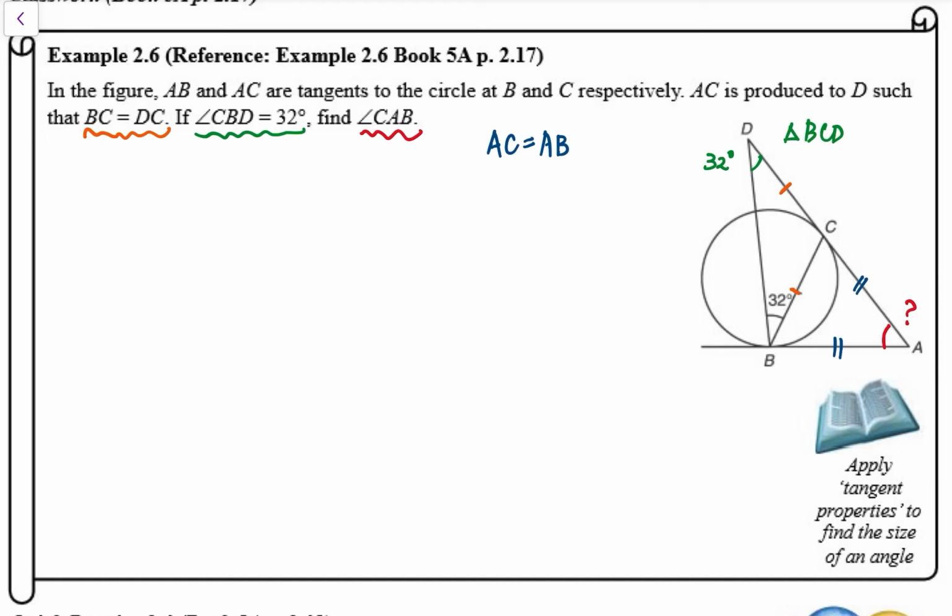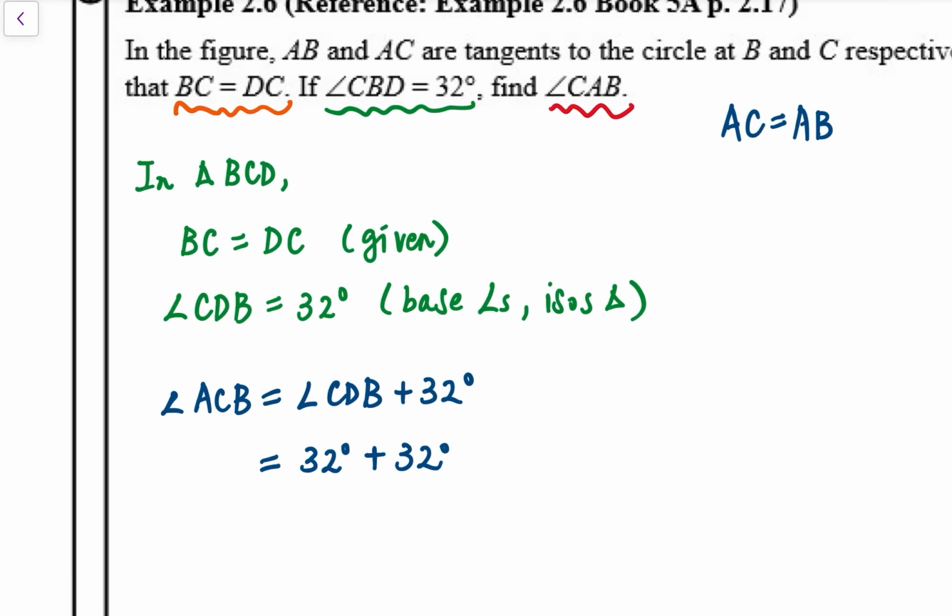So we are going to start with triangle BCD, because I have more information, at least I have one of the angles, which is 32 degrees. Next, we will make use of exterior angle of triangle to find angle ACB, which is 64 degrees.